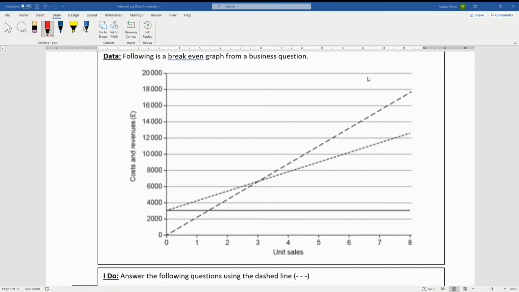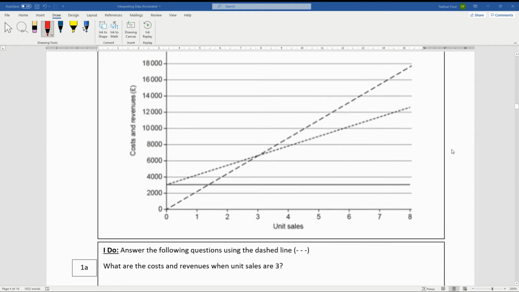We don't have to do that, because everything I'm going to show you is built off just numeracy, the skills you can take from GCSE, without incorporating any of your business understanding. So first off, we're going to start with straight reading from a graph. What would the costs and revenues be when we look at 3-unit sales?